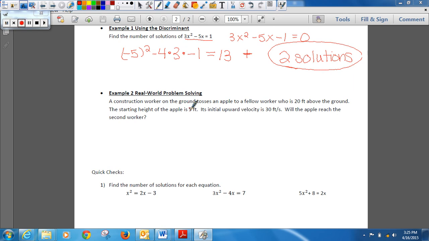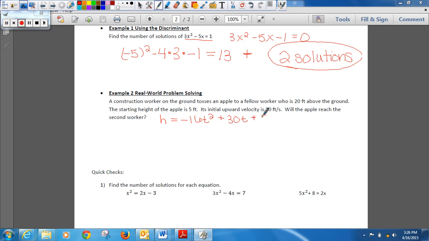So first of all, we have to remember our formula for this that was given to us last section. It was the height is equal to negative 16t squared plus the initial upward velocity, which here is 30t, plus c, which stood for the starting height.